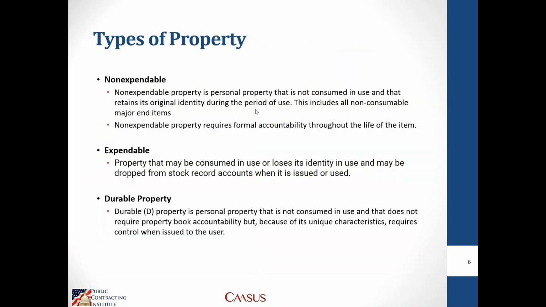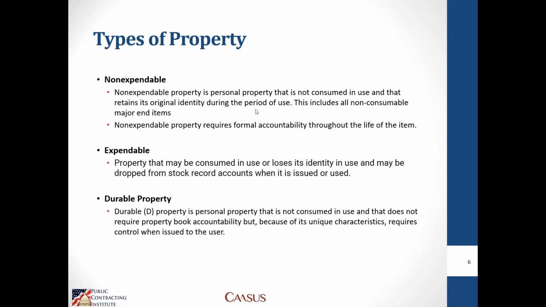Now, within these two camps of property, furnished property and acquired property, there's really two main buckets. It's either expendable property or it's non-expendable. What that means is some property that you come into possession of, particularly materials, a lot of times those are consumable.